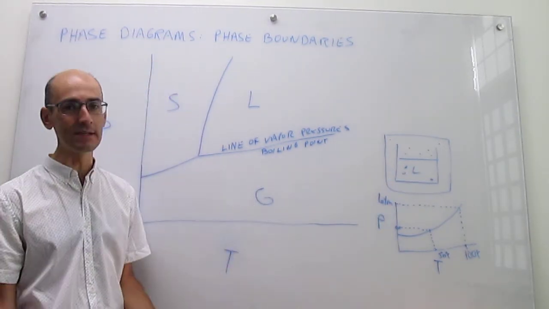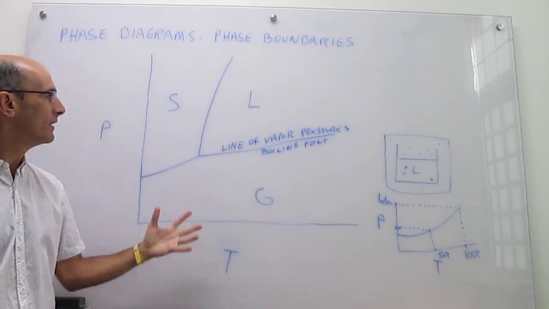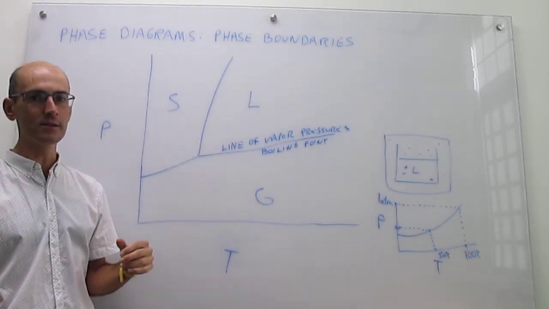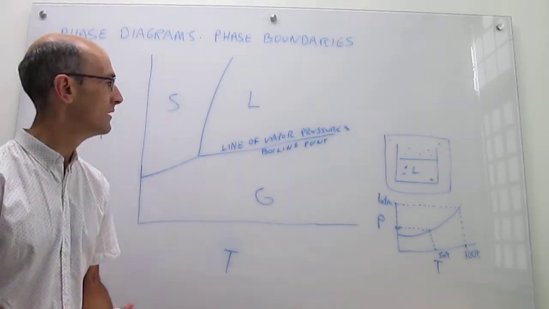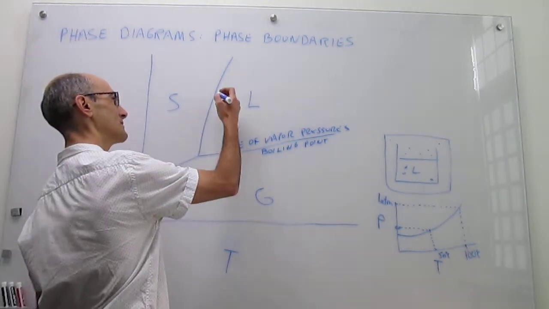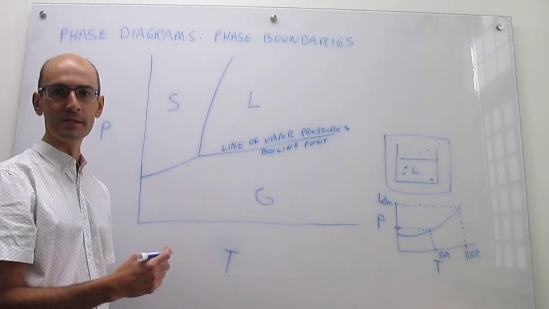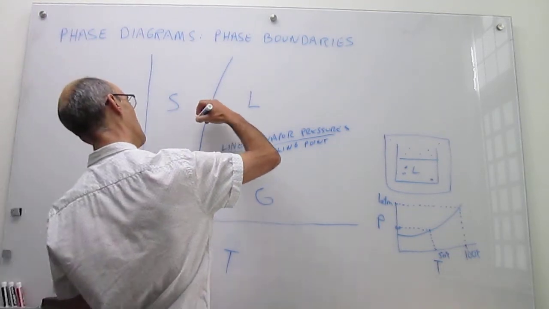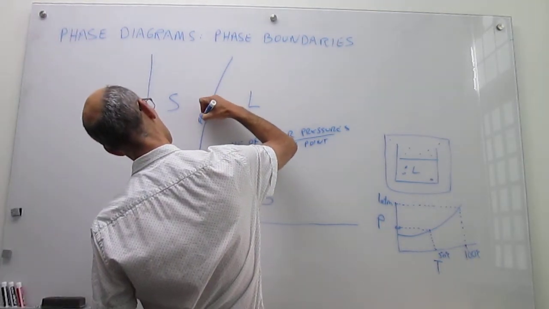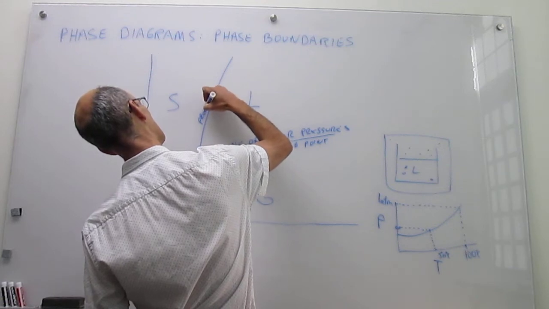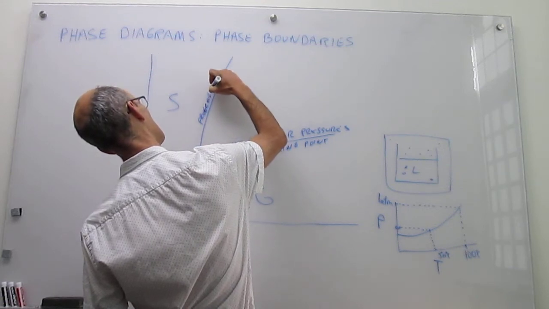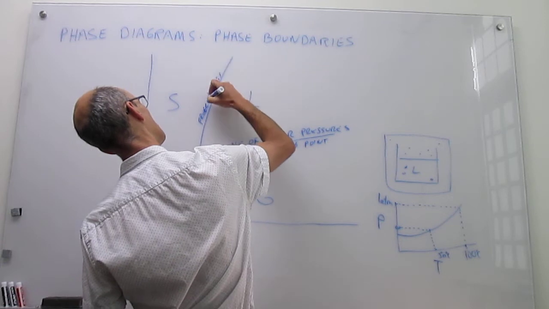Okay, so the last line that we have to talk about is the line of the solid to liquid phase transition, or equilibrium. And this is going to be the line of freezing points that I'm going to try to write here like this. That is the line of freezing points. Okay, great.